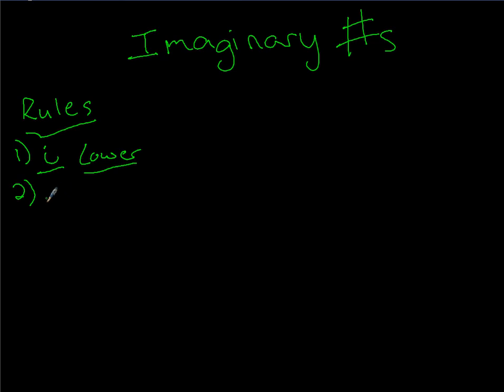Alright, now we're going to learn maybe the most important thing that you could know about i, and that's i's value. i is equal to, drum roll please, the square root of -1.